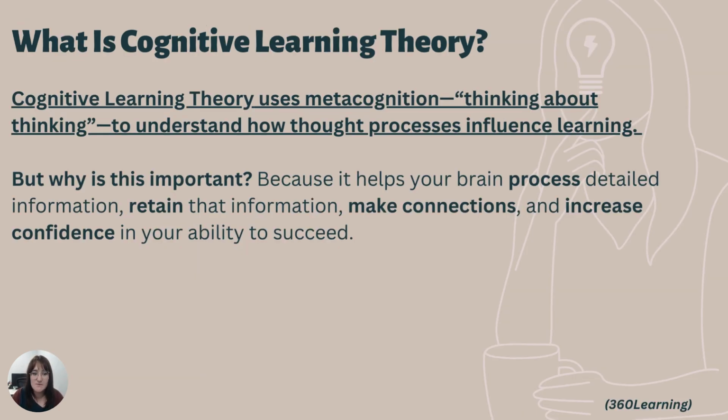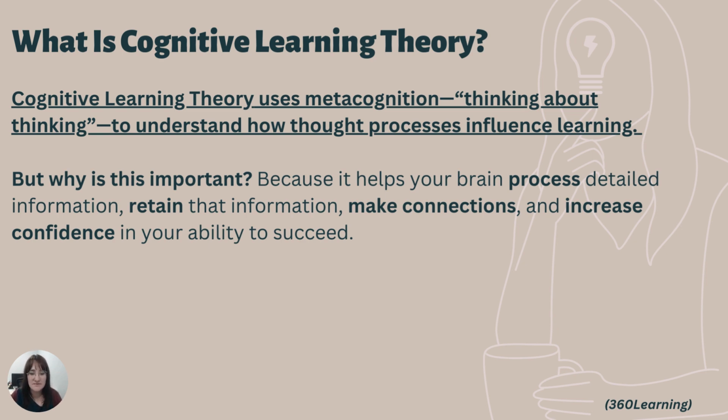So up first, we have cognitive learning theory, the theory that this whole presentation hinges on. Cognitive learning is the way we think about how we think, learn, feel, and act, which relies on metacognition, which just means thinking about thinking.